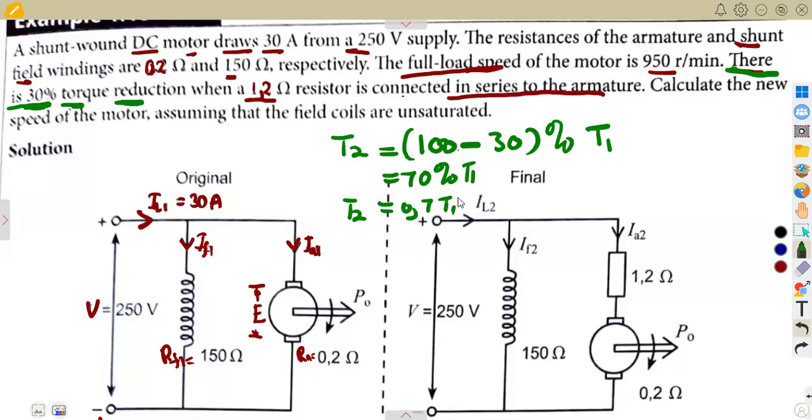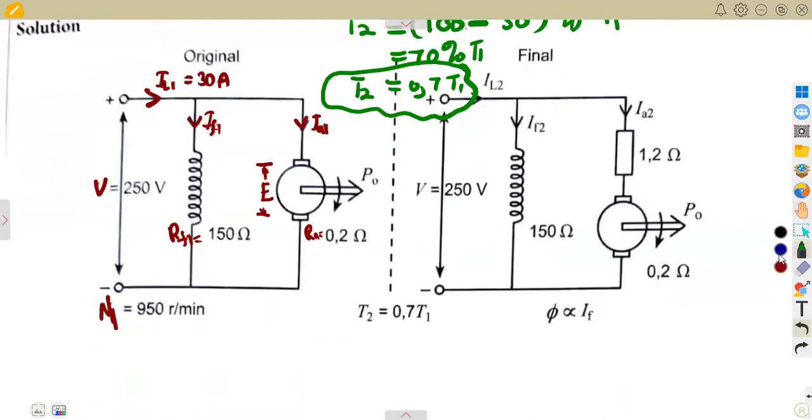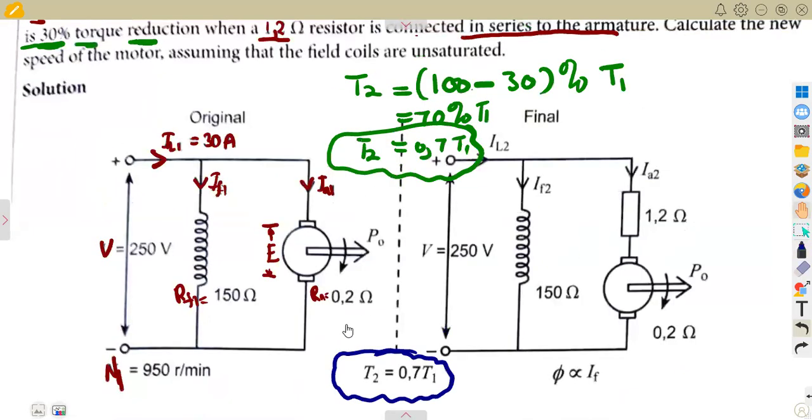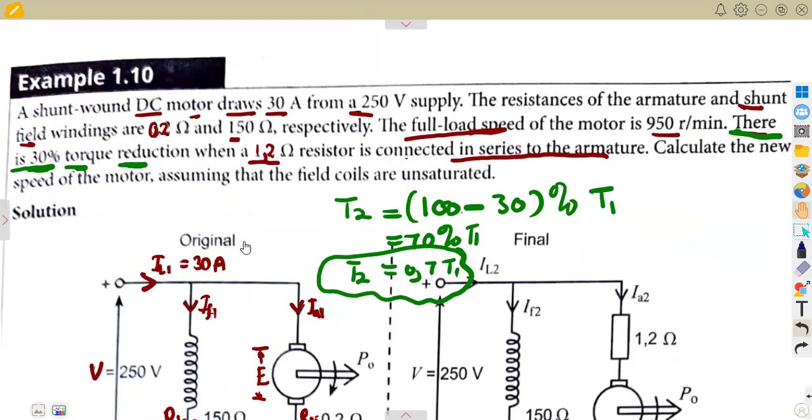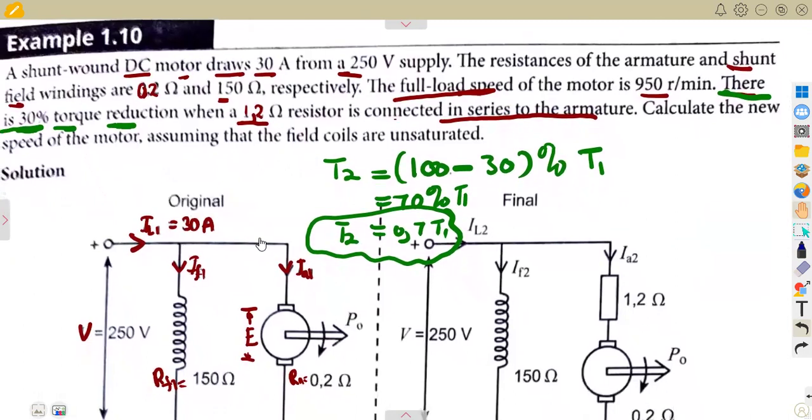So this is a condition or a relationship that you're going to take into consideration between the torque T2 and that of T1, that T2 is 0.7 T1. It's a condition that you are taking from this part that you're given. So you use any of those conditions. You're going to be given any one. Is it an increase? Is it a reduction? Is it remaining unaltered, unchanged?